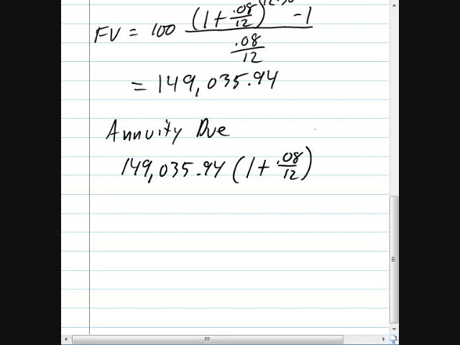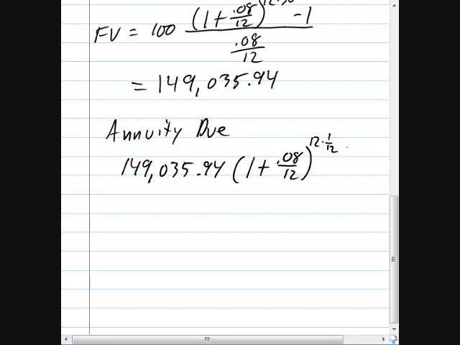So just for 1 month, so 12 times 1/12. And this would give us the future value of an annuity due, an annuity where the payments were made at the beginning of the month. Again, the idea is all of that money, every single payment gets one more compounding period. So that's all we're doing is multiplying by one more compounding period.